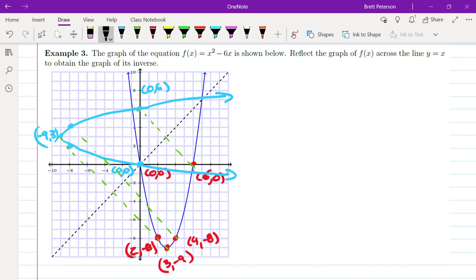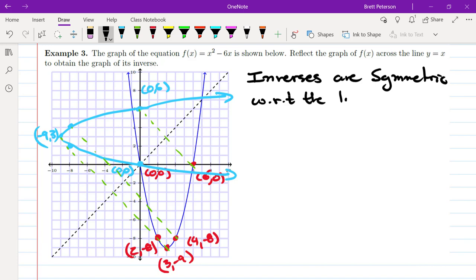So we have the following observation, that inverses are symmetric with respect to the line y is equal to x.